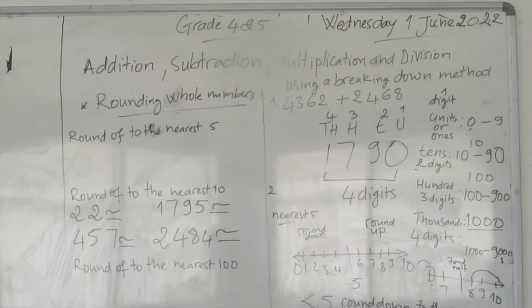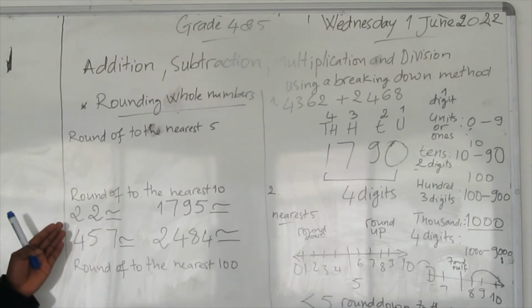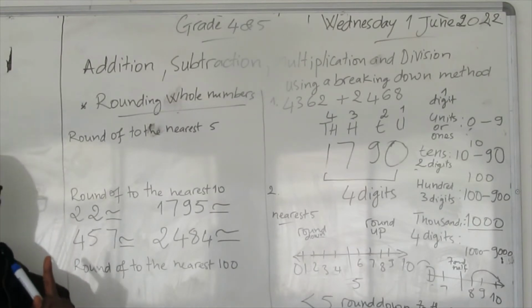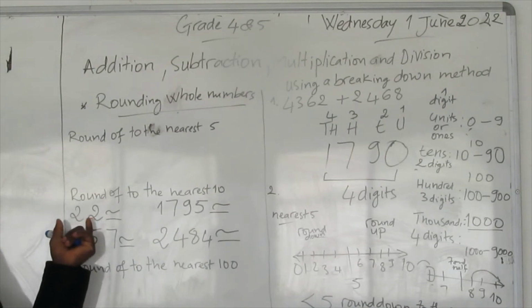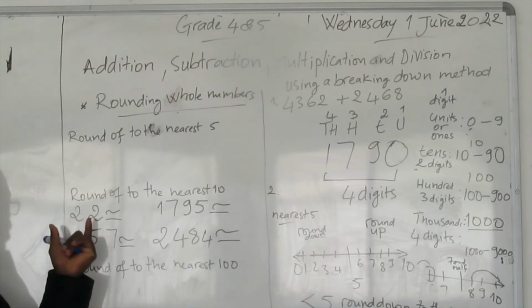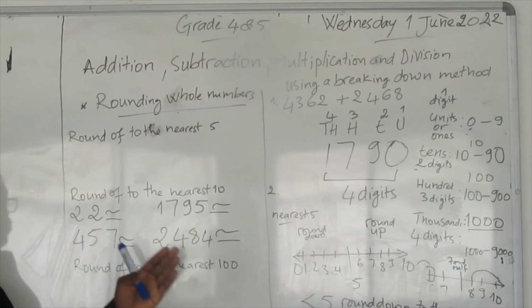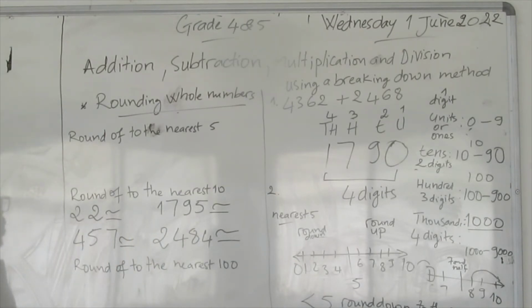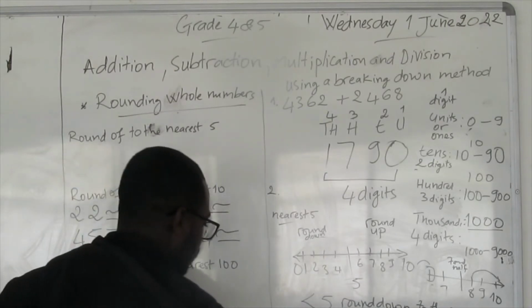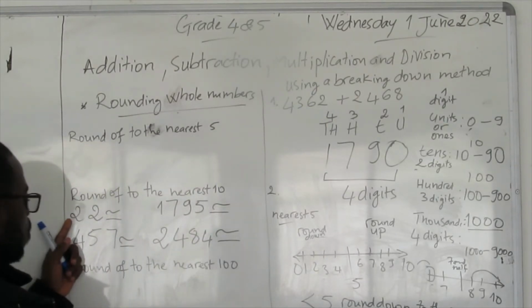Now, look. How to round off 22? We must first locate the interval of this 22. Where this 22 belongs, according to the tens. So, 22 is between what? The previous 10 is what?